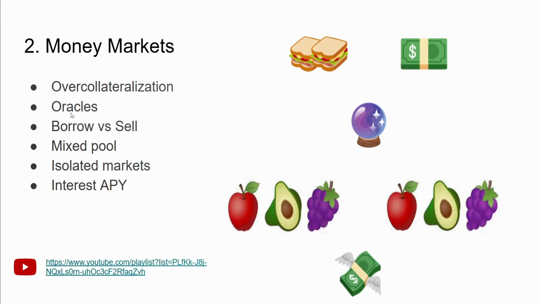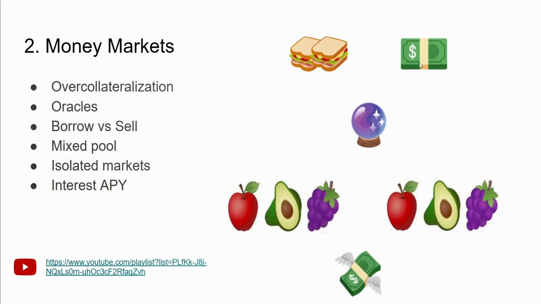So one of the things you have to concern yourself with is that most money markets, there is only one that I'm aware of right now at the time of this recording, require an oracle. They need some way to check the value of these sandwiches, as well as the value of the token or the asset that you're borrowing. It doesn't have to be dollars.